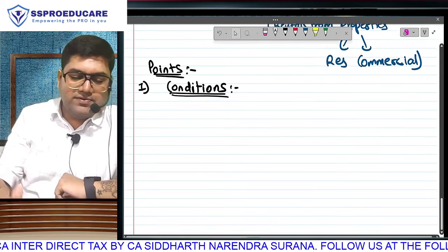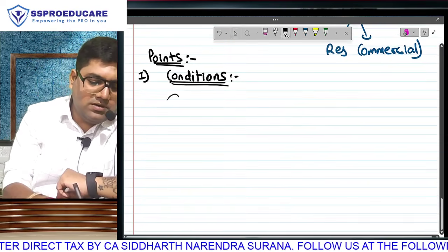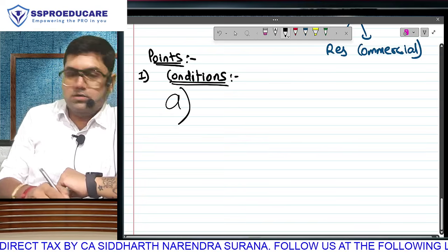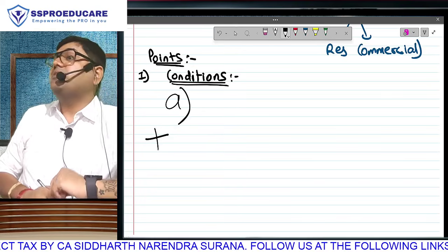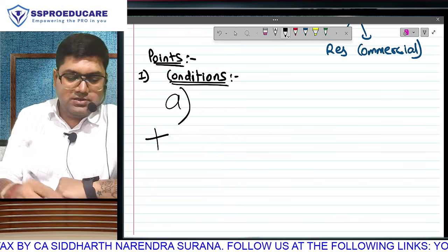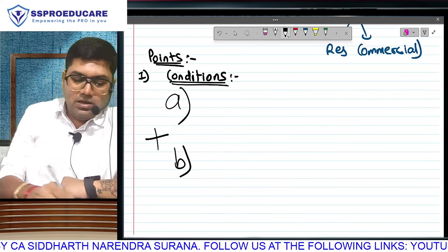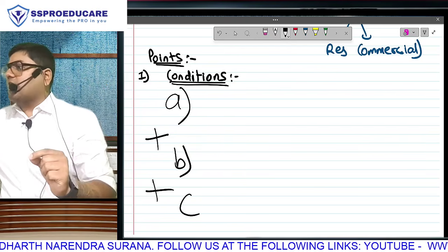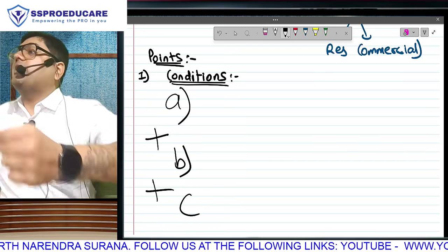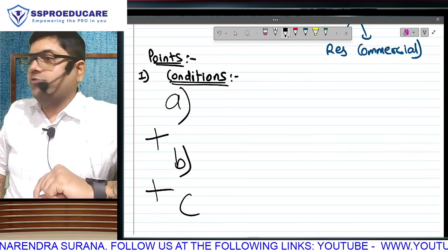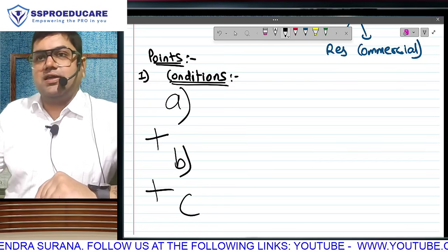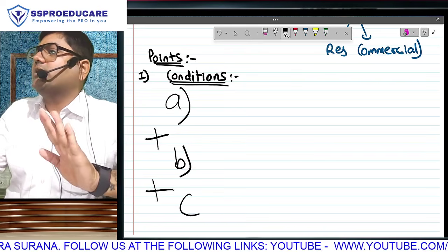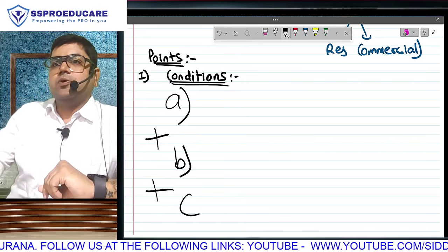So under point 1, observe once, we will be writing condition A, plus sign, plus means and, cumulative condition. There is condition B, and then there is a third condition. When all the three conditions are fulfilled, the rental income that you earn will be considered as income from house property. When any one of the three conditions is not satisfied, that income will not be considered as house property.